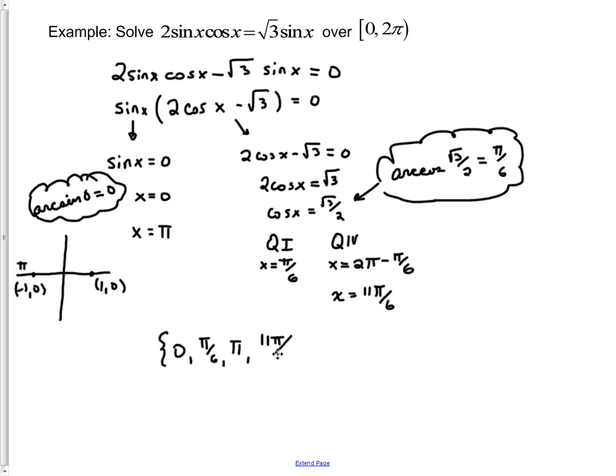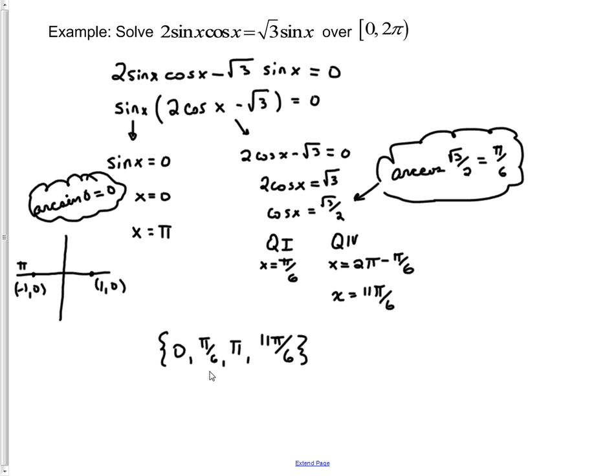And the nice thing about this is that you can check this solution by substitution, going to the original equation. And just to show you why it must be true, let's just take pi over 6 as an example right here.